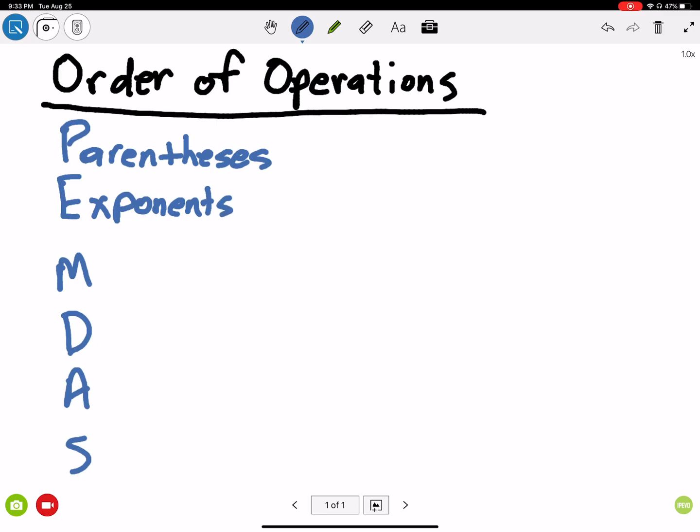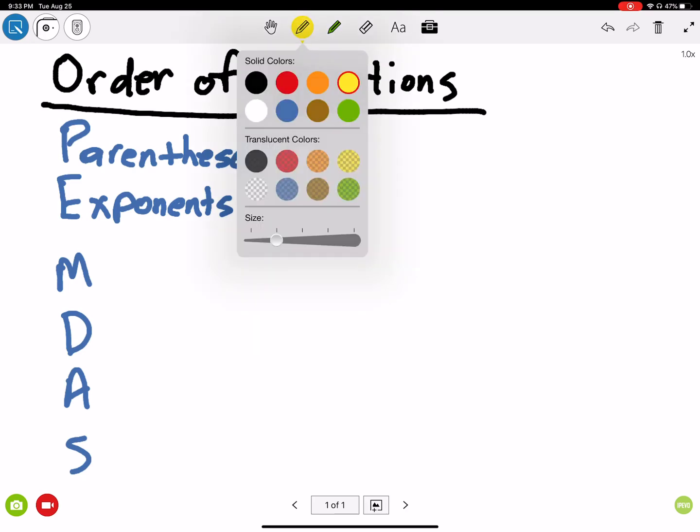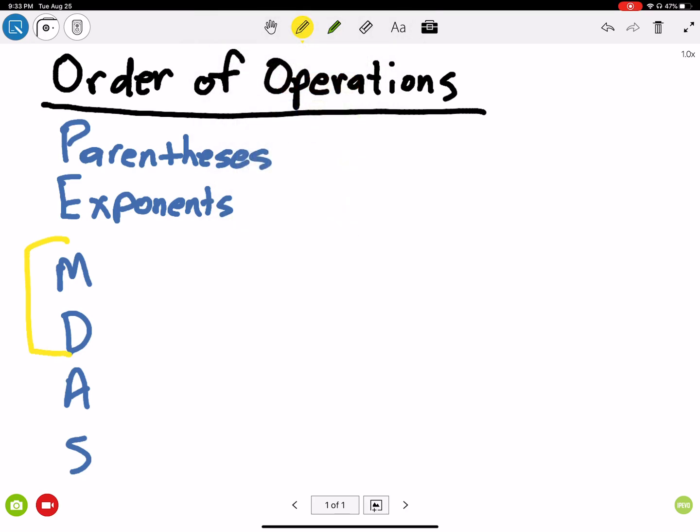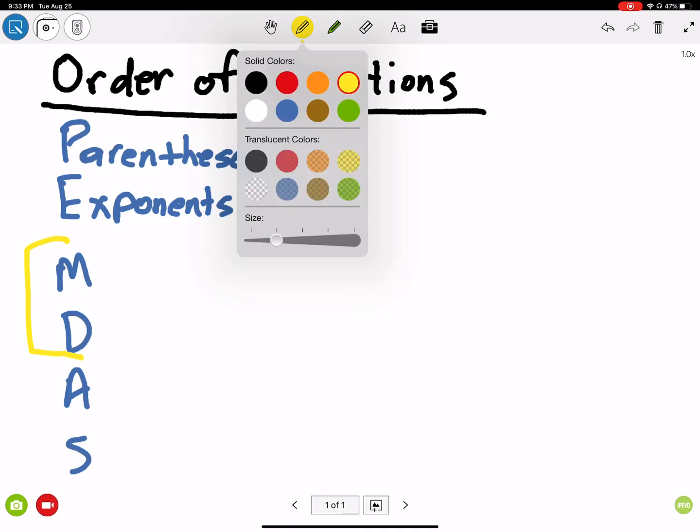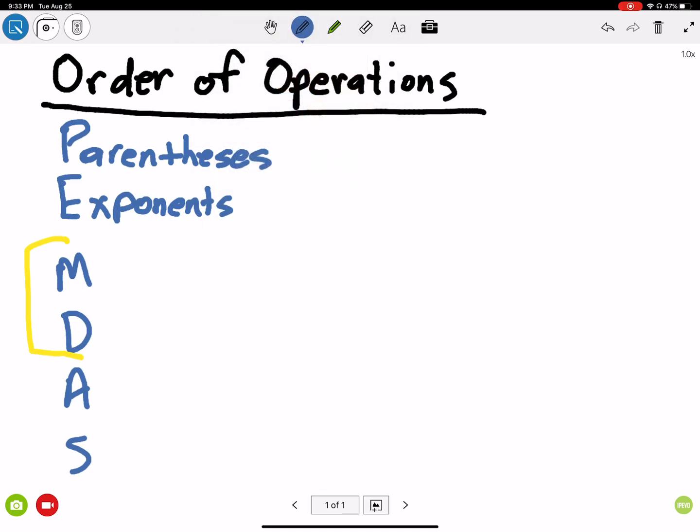Now, I know it's PEMDAS, but what you do need to know is multiplication and division are interchangeable depending on which comes first from left to right. So we've got multiplication and division. Okay?